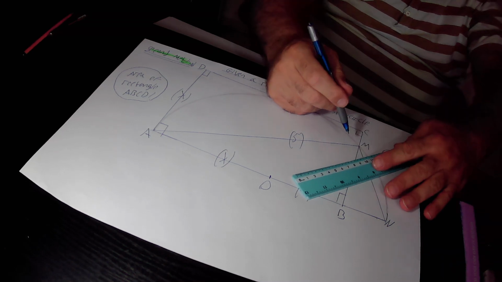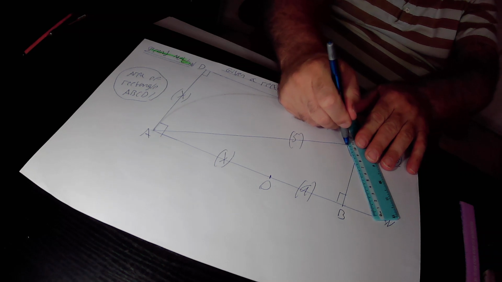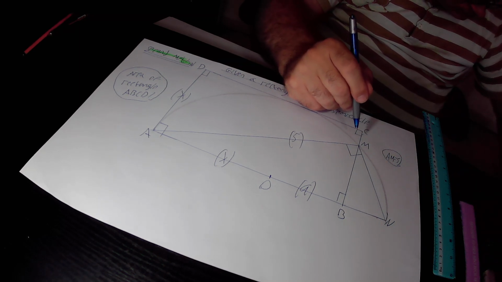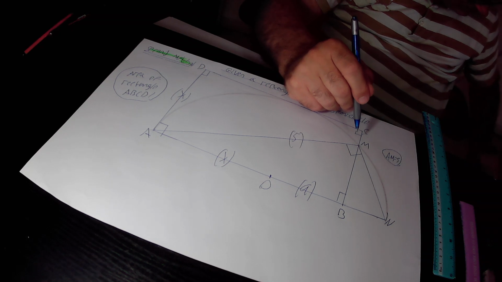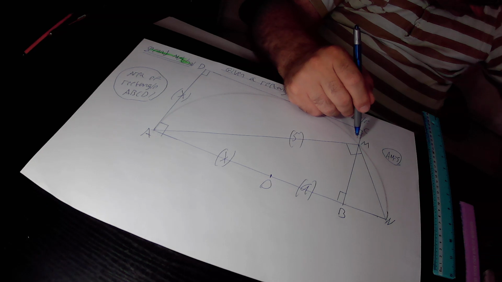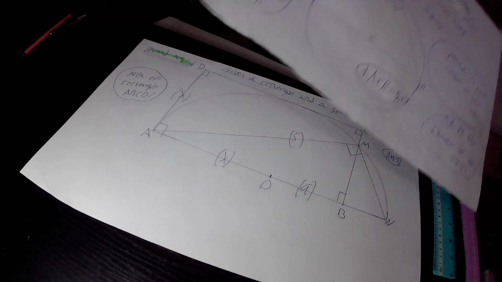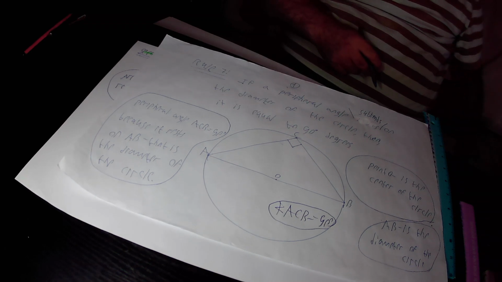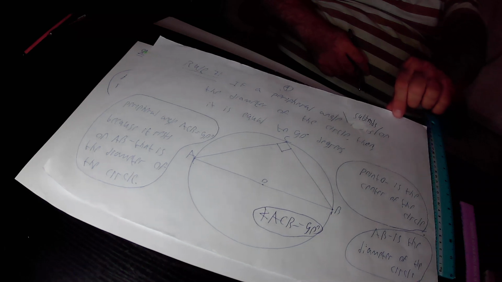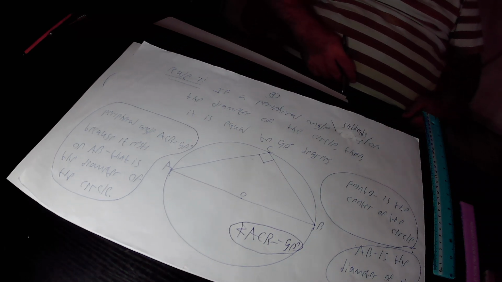So, I'll repeat quickly rule 7. According to rule 7, if the peripheral angle subtends on the diameter of the circle, then it is equal to 90 degrees.